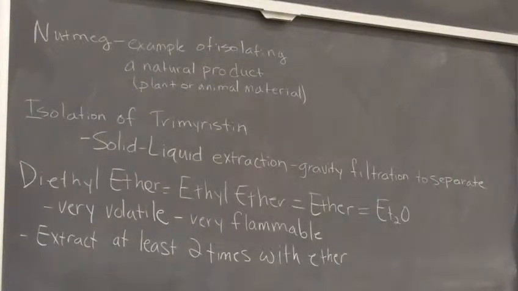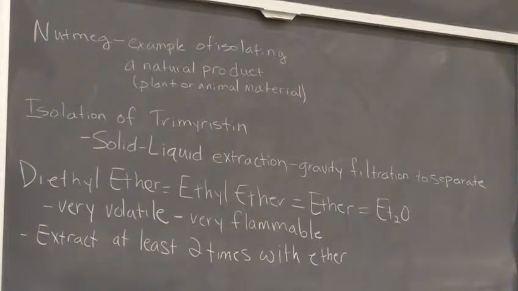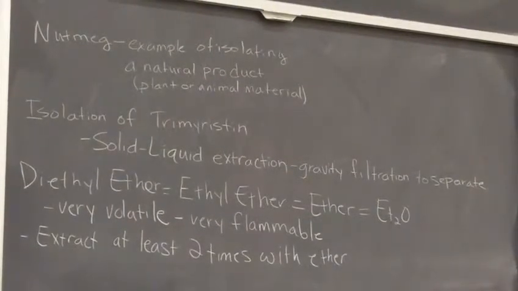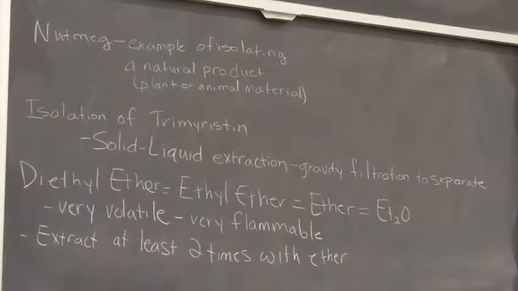There's a couple things we could do. If it looks like we could just rinse some more ether through it, we can do that and try to get the trimyristin out of the nutmeg. Or if there's a lot in there, we may have you do a third extraction. So stir the nutmeg a third time and then filter it a third time. Usually when filtering a third time, you probably want new filter paper too.